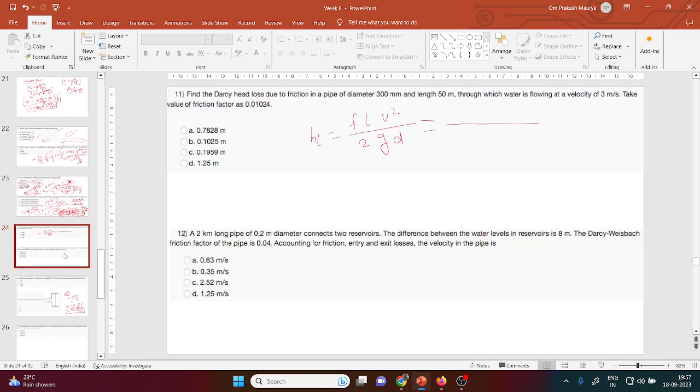So now we'll move on to question number 12. Question number 12 is telling a 2 kilometer long pipe connected between reservoirs. One reservoir is there and another reservoir is there, and the pipe is connected from here to here.